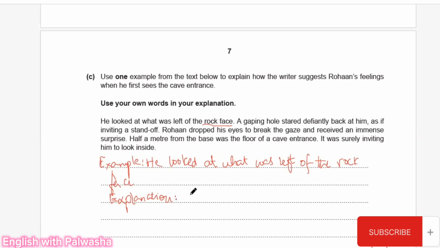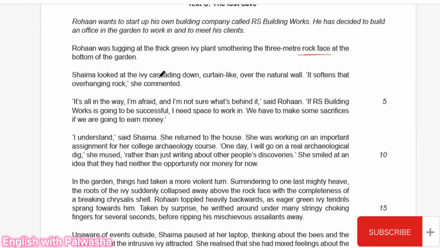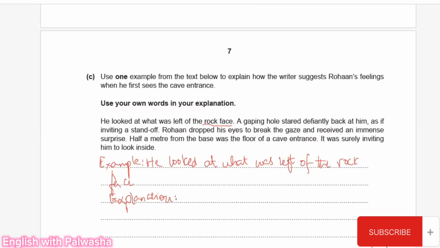It means that he was fidgeting with the piece of rock, seeing what was left of the rock face, or what was left there. All right, because maybe he was working at the plantation and vegetation at that time, because he was tugging at the thick green ivy plant. We're going to refer to the background knowledge as well, and we just have to explain it in our own words easily, right?